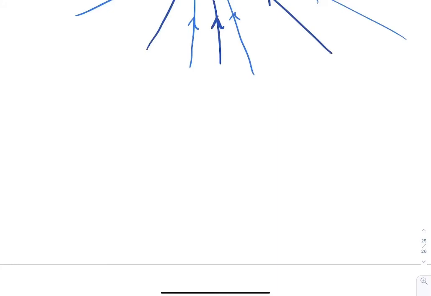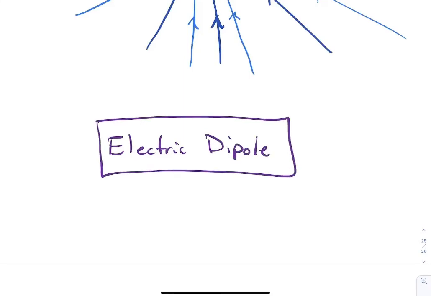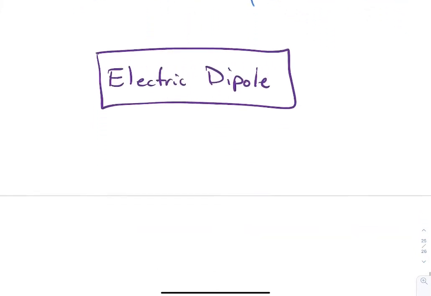So a dipole will have a positively charged side and a negatively charged side. So this is going to be the electric dipole. And we actually talked about electric dipoles in one of our previous lectures when we talked about charge by induction and charge by conduction, and specifically it was charge by induction.